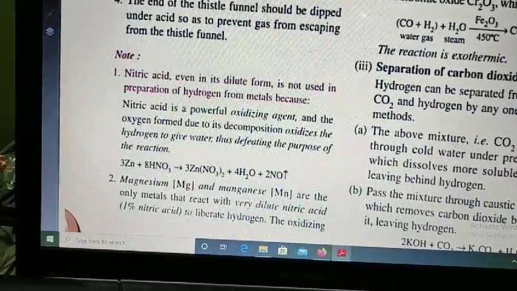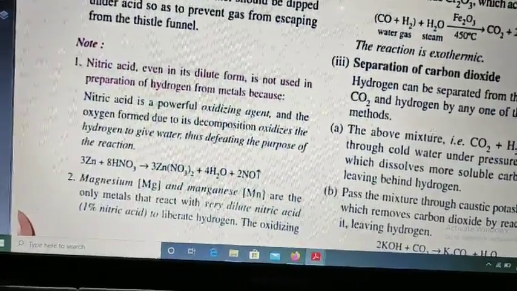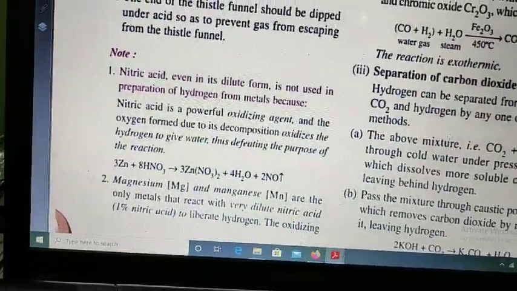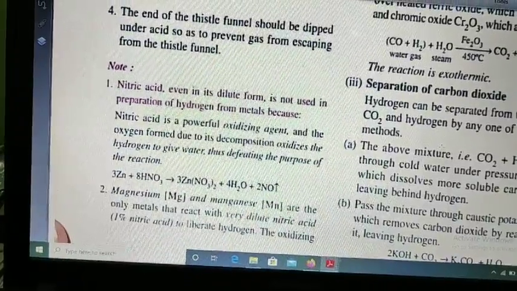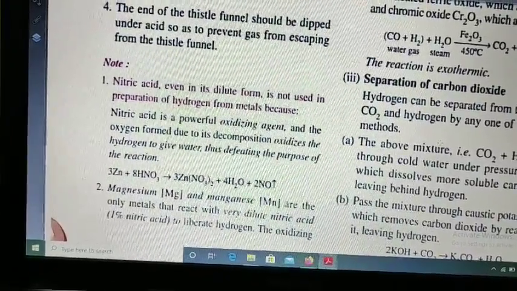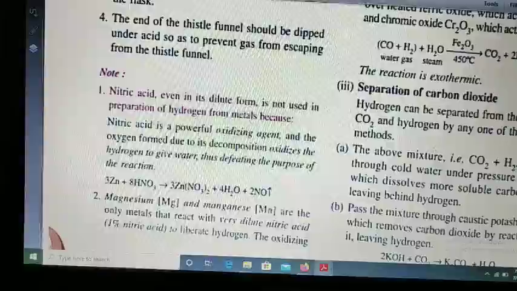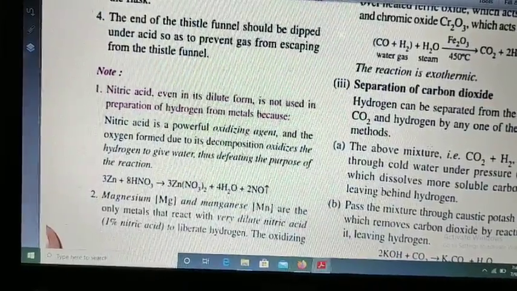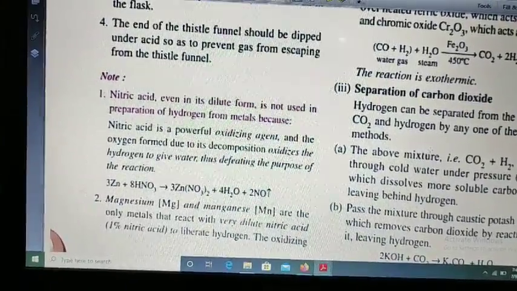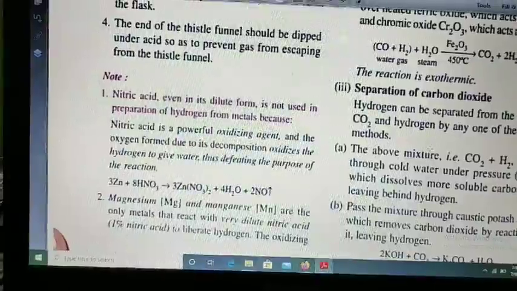Now there is a note. We have seen that in the laboratory preparation of hydrogen, we have used sulfuric acid and hydrochloric acid, but we have not used nitric acid. Now we'll see the reason why nitric acid is not used.